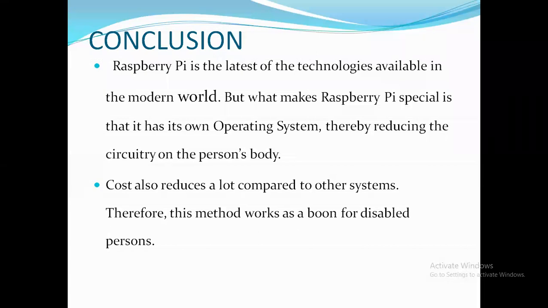We need not have any exclusive operating system for the computer in order to connect it to the wheelchair. So we are using Raspberry Pi to make our project more efficient. Cost also reduces a lot compared to other systems. Therefore, this method works as a boon for disabled persons.